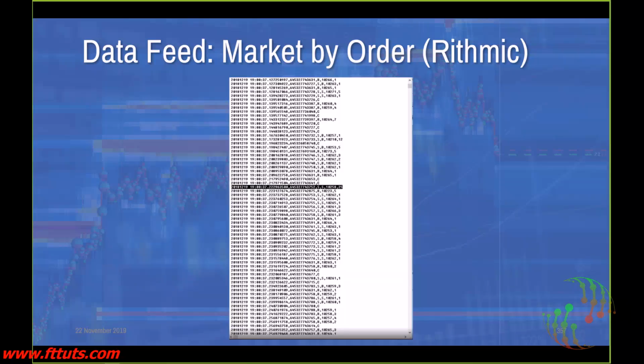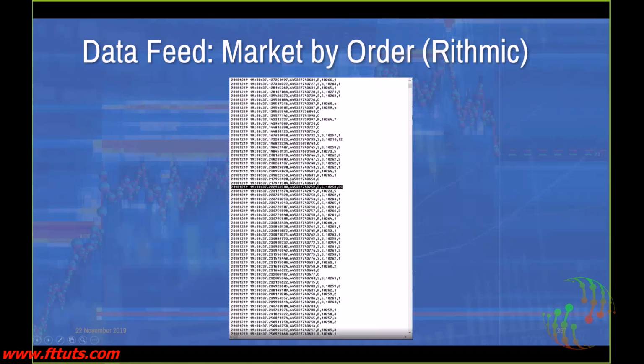This is how it looks. This is a snapshot of data coming from Rhythmic. These are not aggregated data. You can also get aggregated data from Rhythmic. The difference between all data and aggregated data is that aggregated data are sampled.